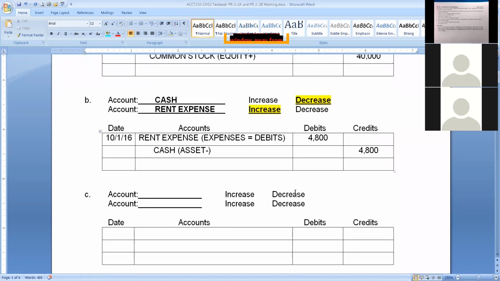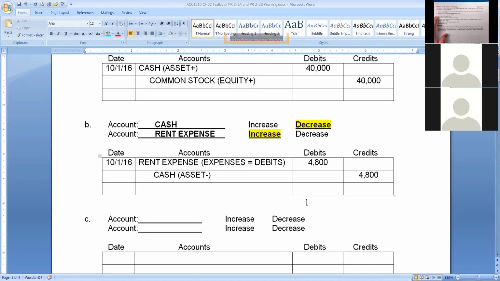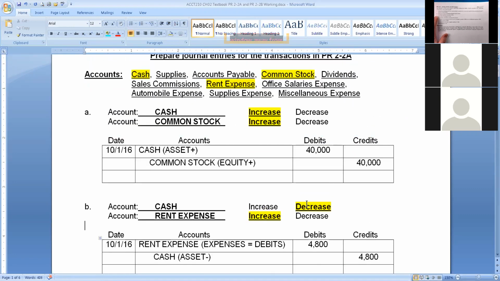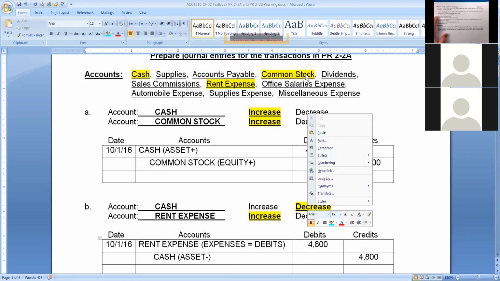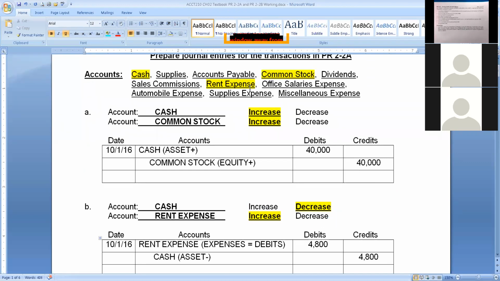Okay. Let's go to C. C, purchase supplies on account. So what accounts are we going to use?